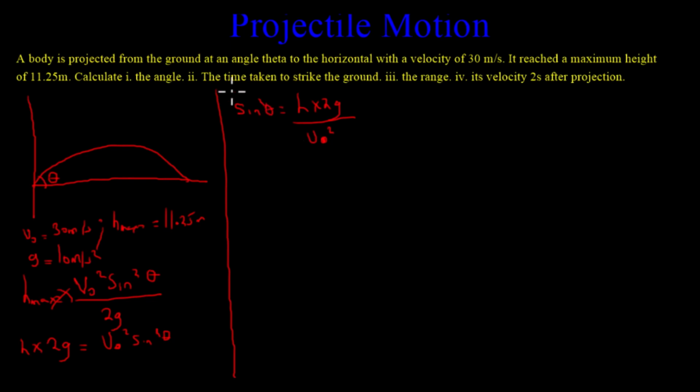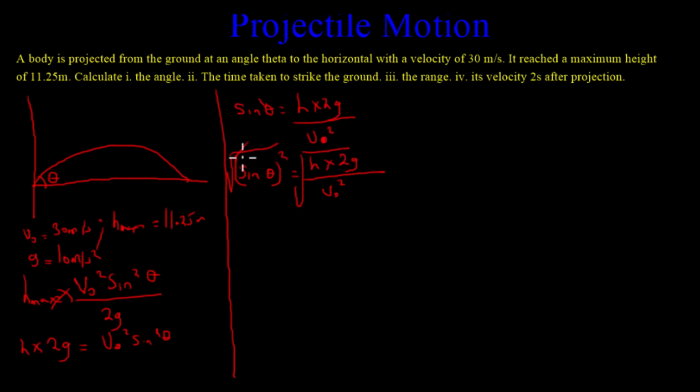Okay, and then remember sine squared theta is simply saying sine theta, then everything all squared. So we have sine theta all squared is equal to H times 2g all over V naught squared. Now, if I want to eradicate this square, I have to take the square root of both sides.